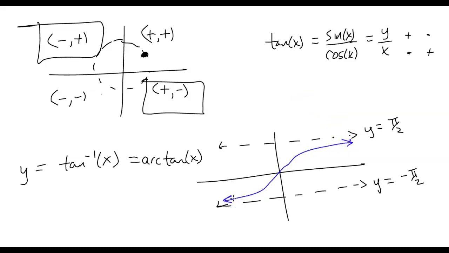The point I want to make is that if you're using the arctangent function, you can only use values in between negative pi over 2 and pi over 2. Now, to put this in terms of what we're actually doing here, remember this is an angle. So I'm going to rename these variables here.